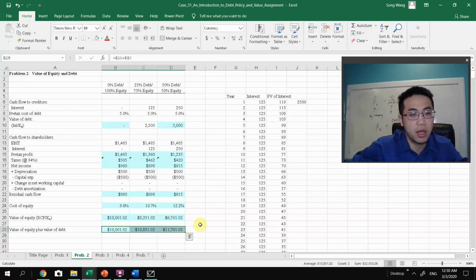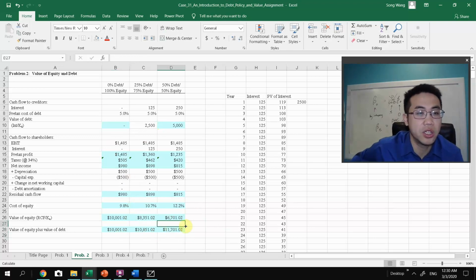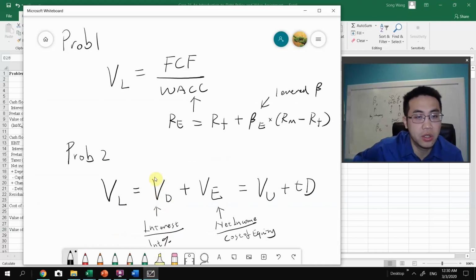And then if I keep adding, you will see the value of equity plus the value of debt actually changes. Okay, so from this way I can get the same value of total assets, which is the value of debt plus value of equity, and they both use the perpetuity model to do the work.